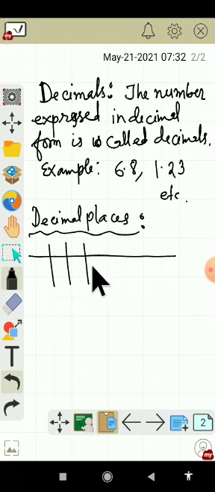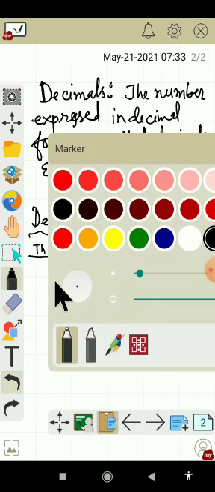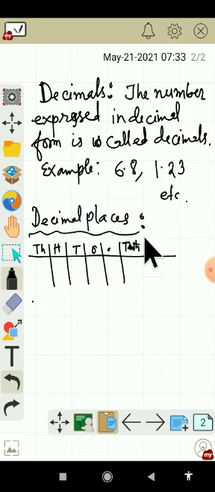Suppose this one is ones, tens, hundreds, thousands, and here is the decimal point, and here this one will be tenth, written as 1 by 10. Then we write hundredth, that means 1 by 100. Then 1 by 1000, thousandth, 1 by 10,000th.